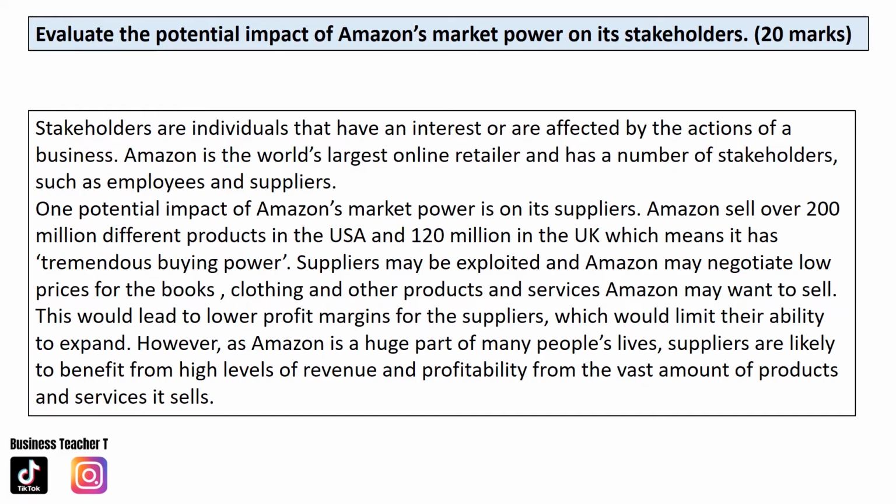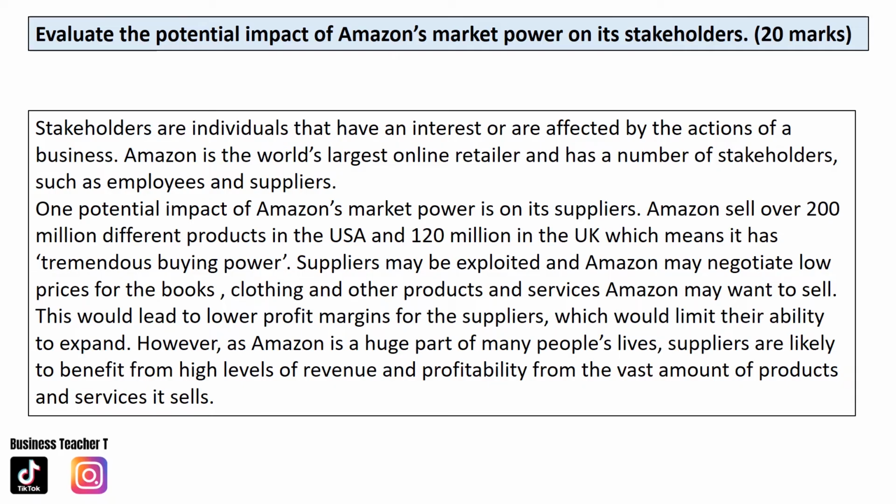Our first paragraph. Stakeholders are individuals that have an interest or are affected by the actions of a business. Amazon is the world's largest online retailer and has a number of stakeholders such as employees and suppliers. One potential impact of Amazon's market power is on its suppliers. Amazon sells over 200 million different products in the USA and 120 million in the UK, which means it has tremendous buying power.